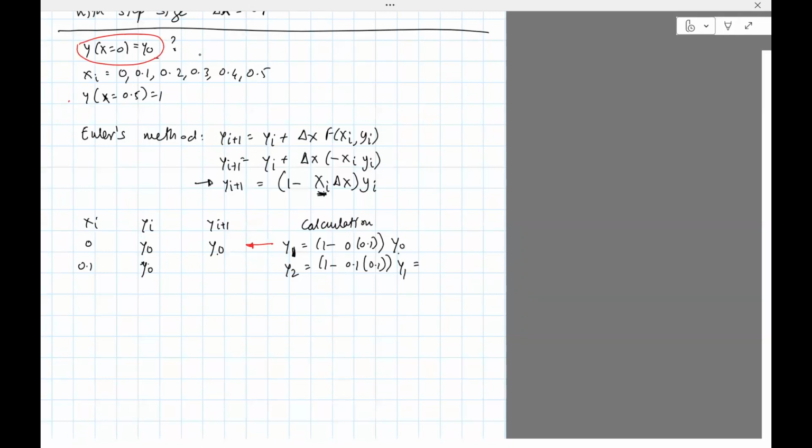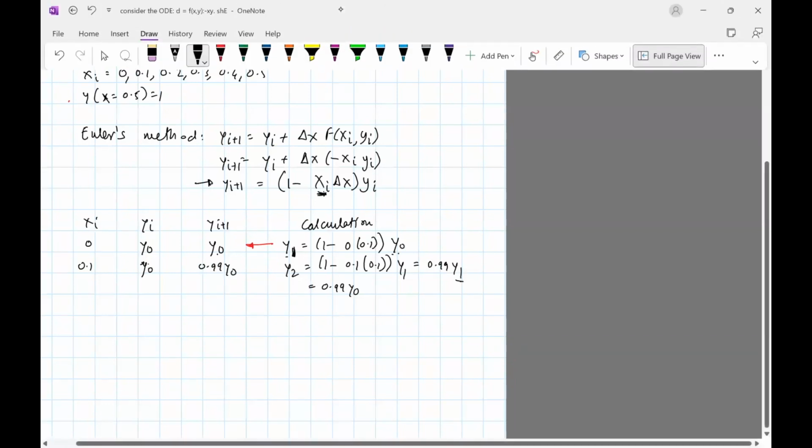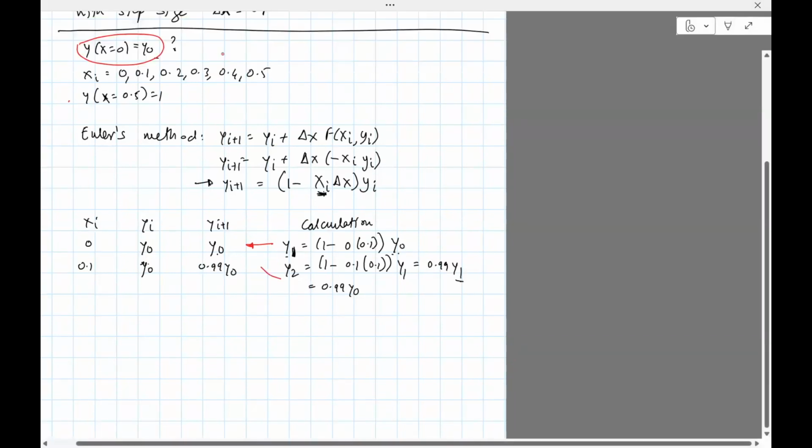So that comes out to be 0.99 y1, right? But y1 is the same as y0. So this is 0.99 y0, and this calculation is what feeds here.